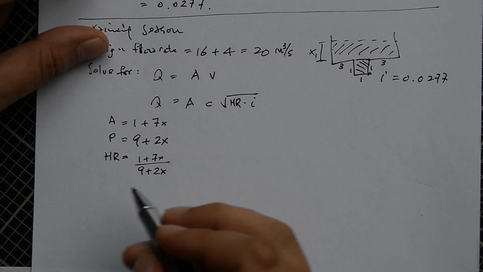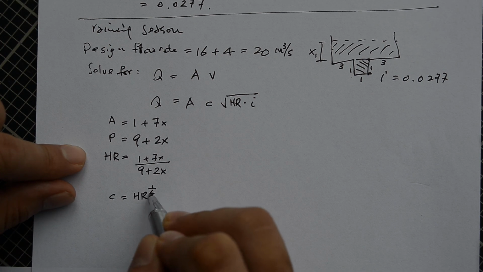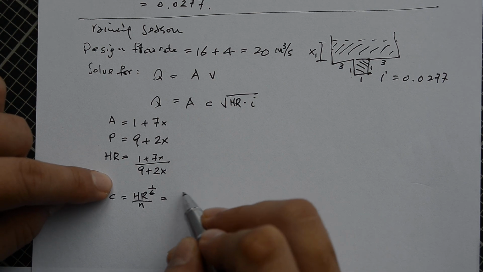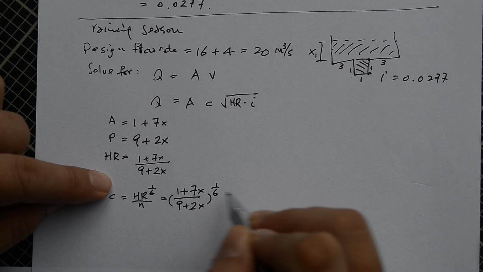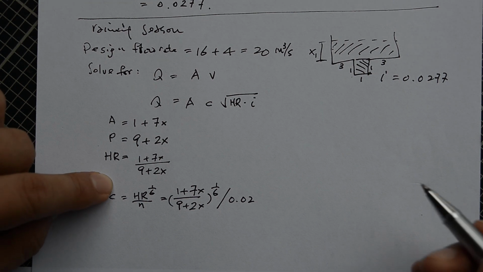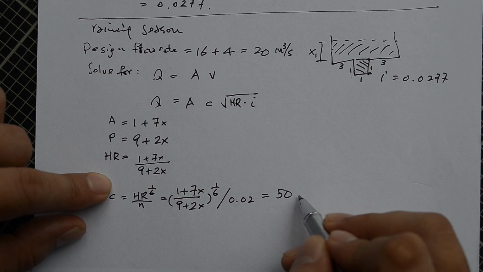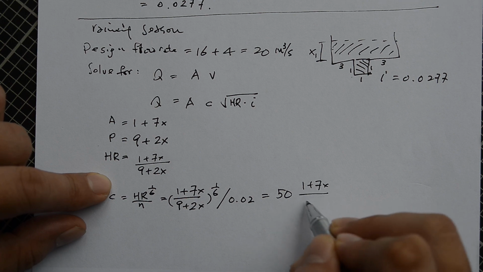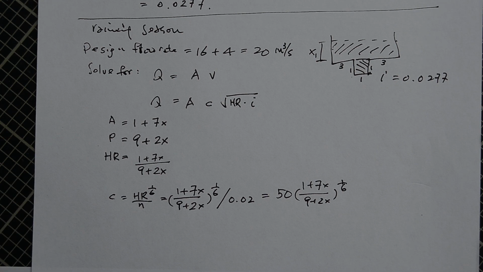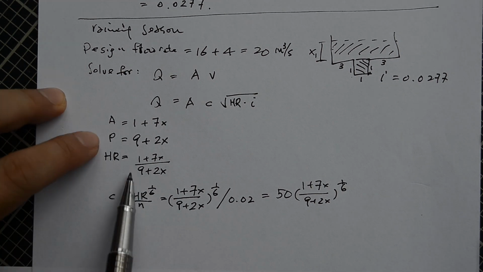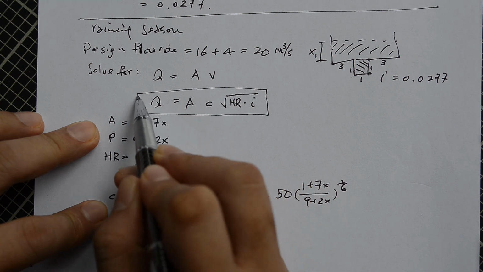And then the coefficient is a bit complicated, but eventually we may simplify it to 50. This part looks terrible. Now we already know all these terms. We can substitute them into our governing equation, and we are going to solve it.